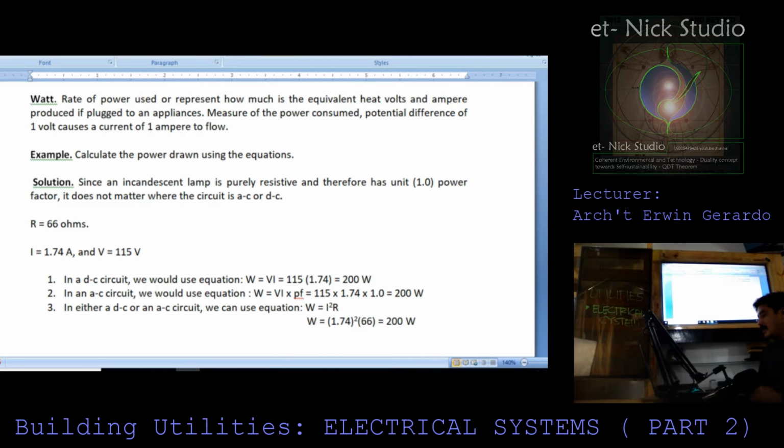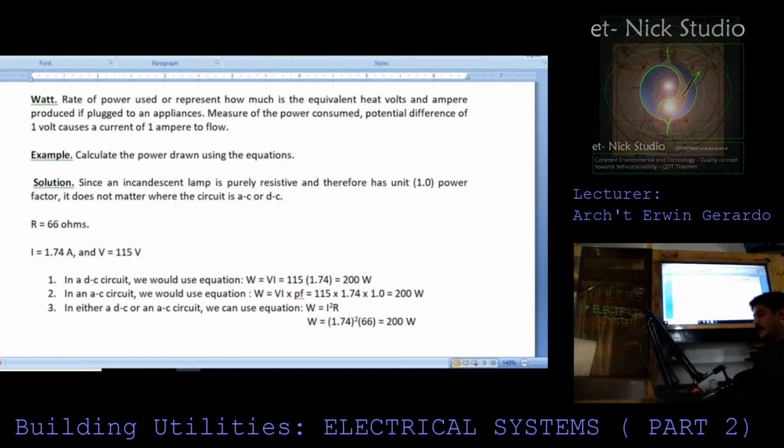In an AC circuit, we would use the equation W equals V times I multiplied by the power factor. So it is 115 times 1.74 times 1 as the power factor, which is equivalent to 200 watts.